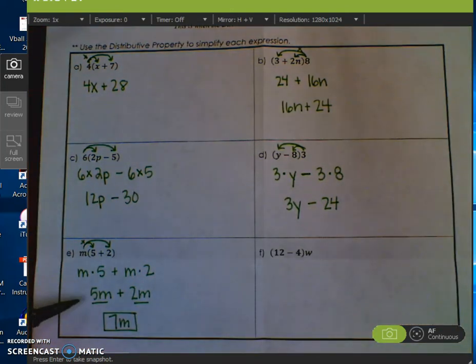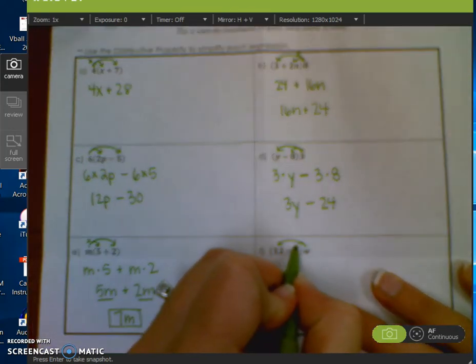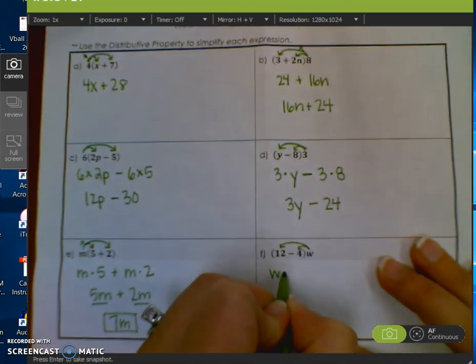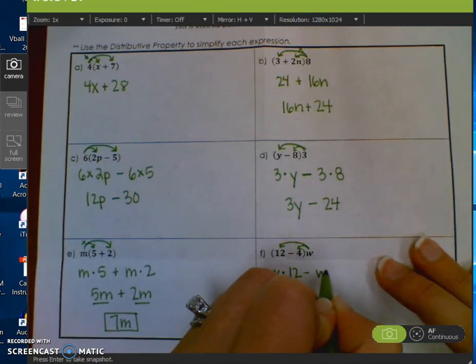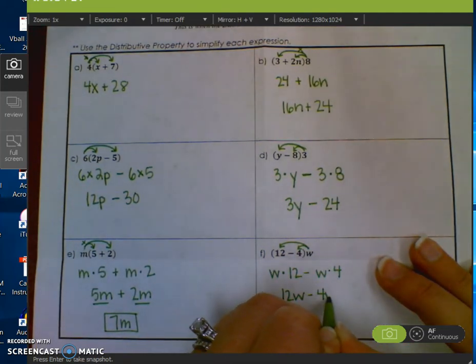If you got to this point, you understood distributive property. Now we're just going to take it a little step further and combine like terms. So we're going to do that once more here. W times 12 minus W times 4. So 12W minus 4W.